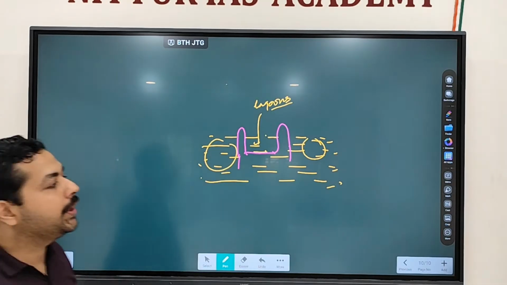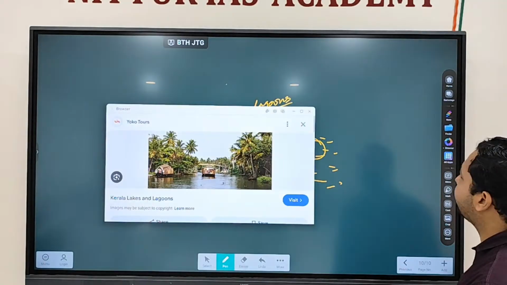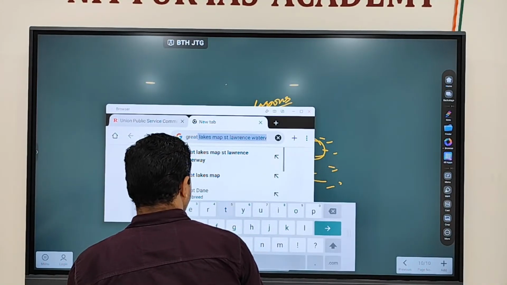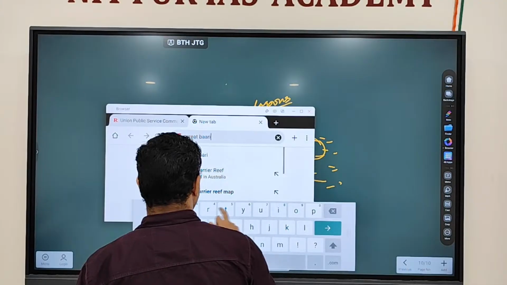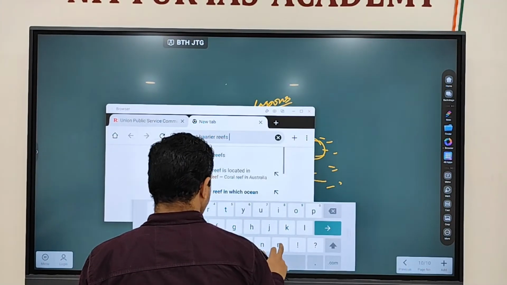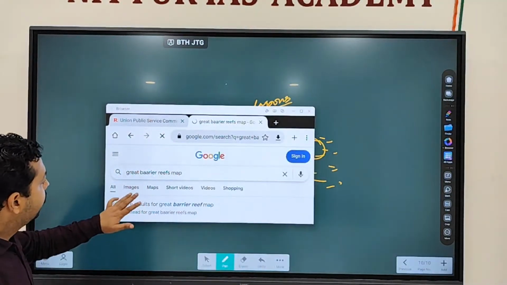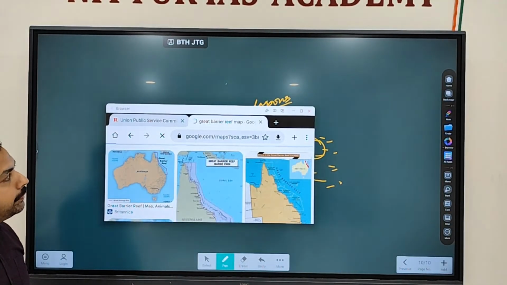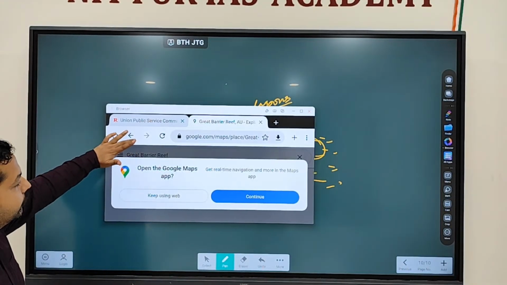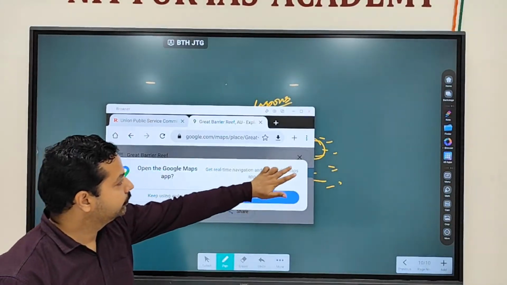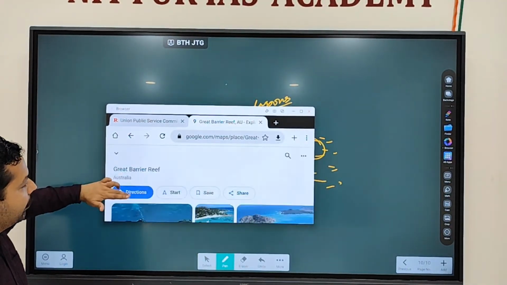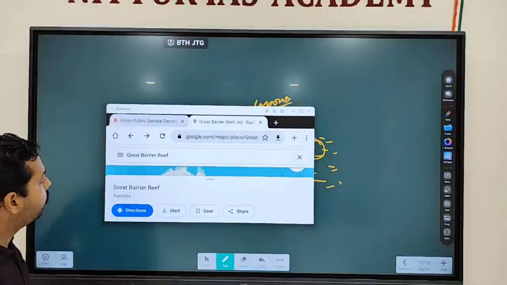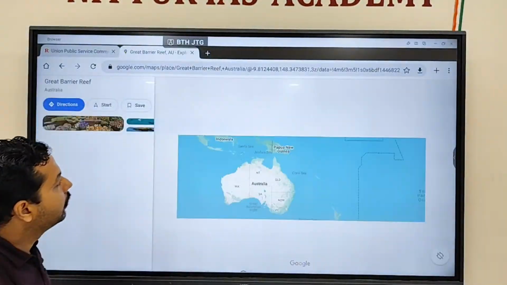So the best example of coral reefs you're going to find is in Australia.